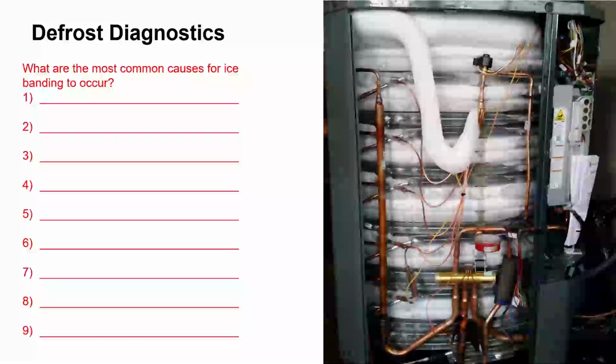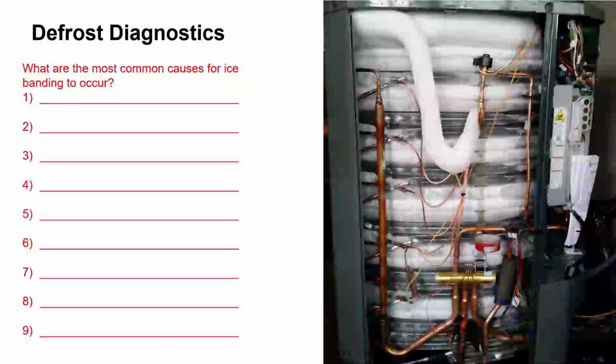We could have recirculation of air around the outdoor unit, causing poor evaporator defrost performance. We could have strong winds that are keeping that coil cold. If you're out in a windy area where it's just constantly blowing, Great Falls, Montana is a great example of this, we may not always defrost properly. So a windshield, like a fence on the prevailing wind, is one of the best strategies to solve this.